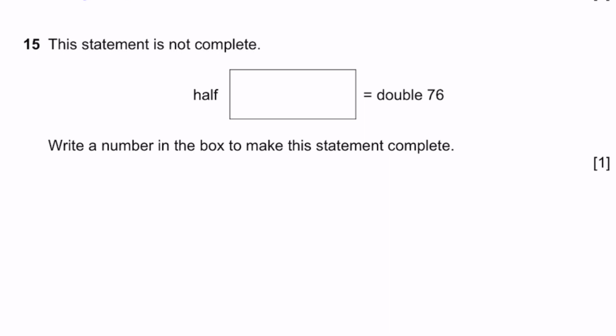Question 15. This statement's not complete. Half of dash is equal to double 76. Write a number in the box to make the statement correct. We can make this dash as x, and now we can make this an equation. Half of x is equal to double of 76, which is 2 into 76.